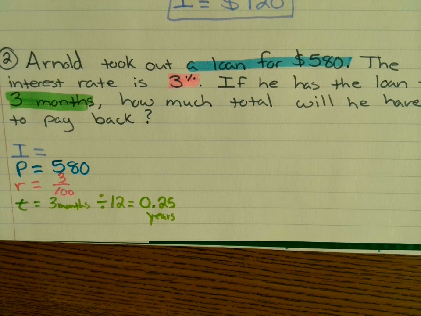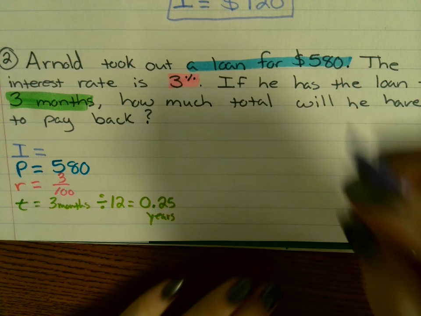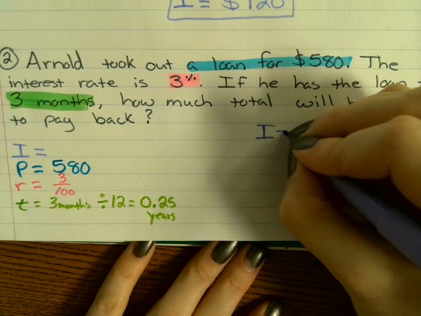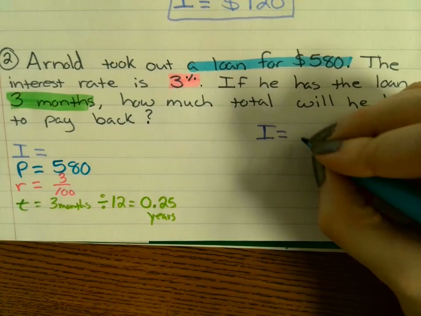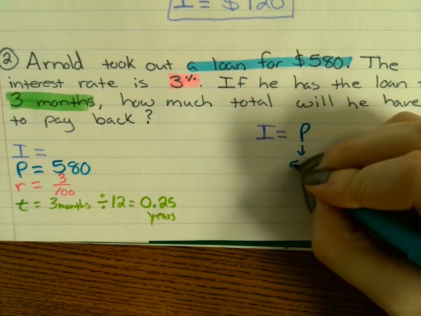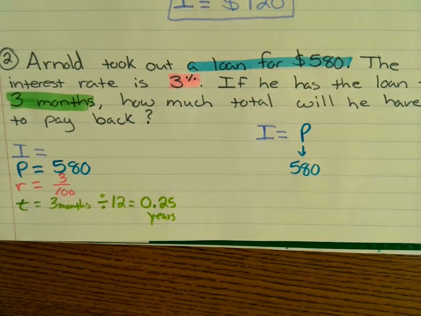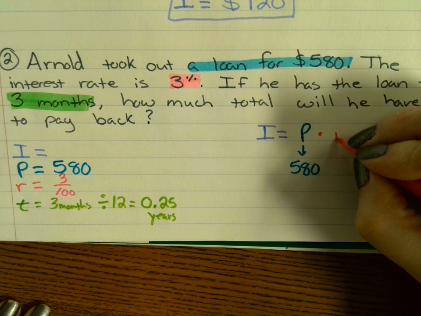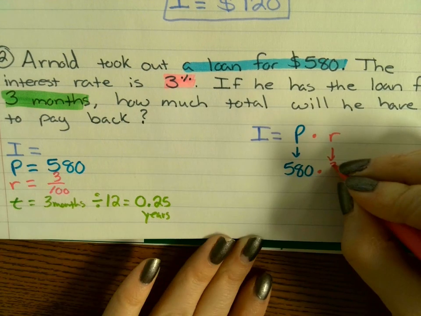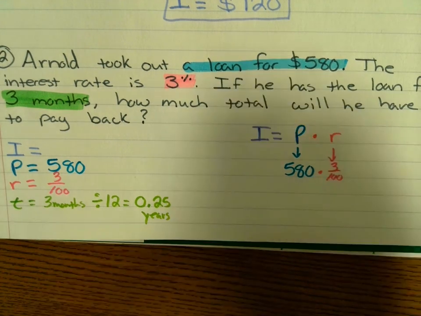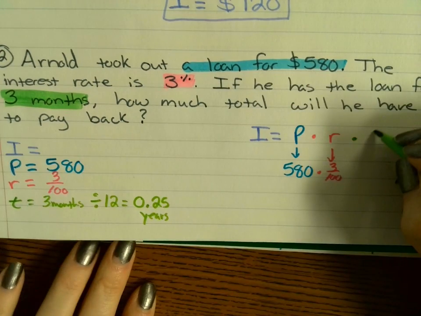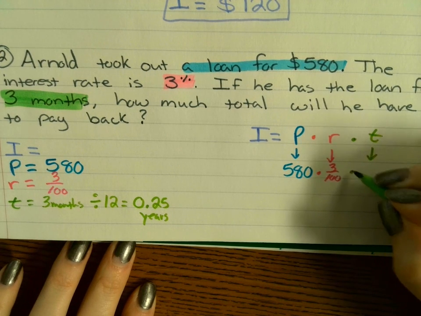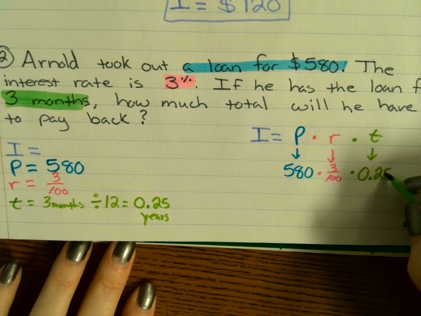0.25 years. Okay, so now we just have to plug it into our formula. So remember, it's I equals P, which in this case is 580, times R, which in this case is 3 over 100, times T, which in this case is 0.25.